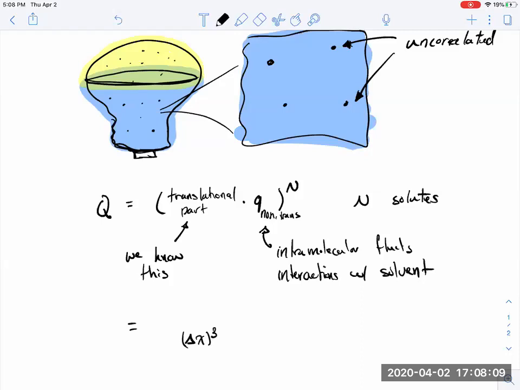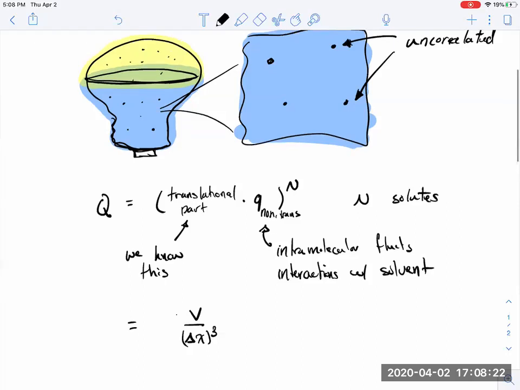The number of places I could put a particle is just the total volume of the system in that resolution of delta x cubed. So the number of translational states for n particles is just the volume in some resolution raised to the n. So the translational part of the partition function, we can always write down, and it's always pretty simple.